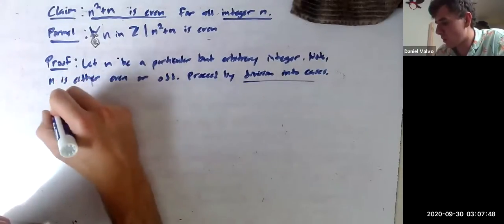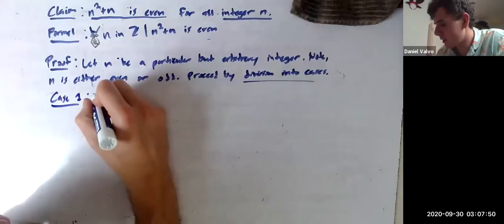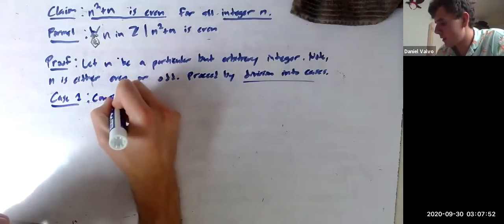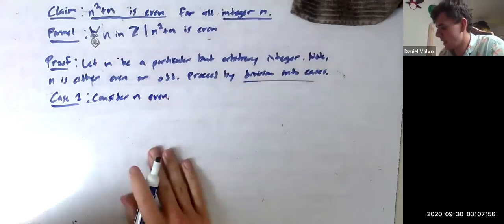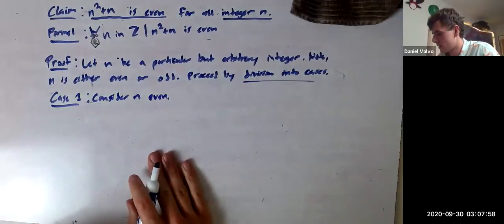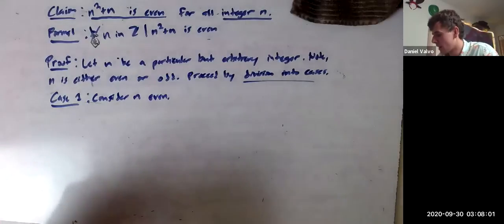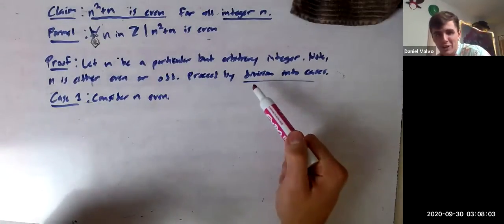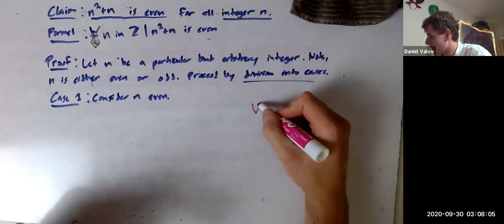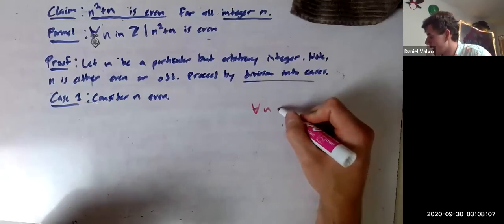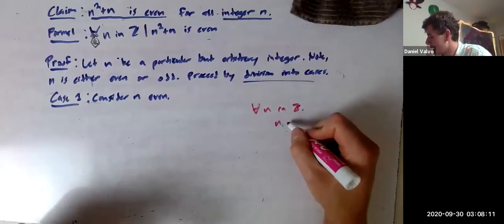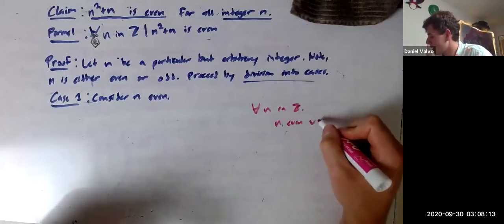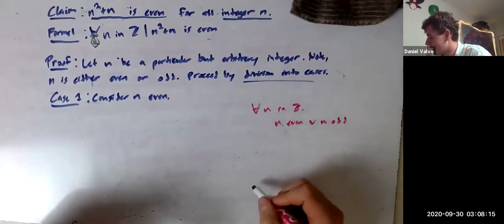So I'll say case 1, consider n even. So basically what we're doing right now is the division in cases argument form, where we have for all n in Z, n even or n odd.